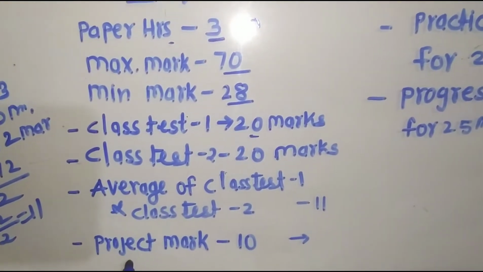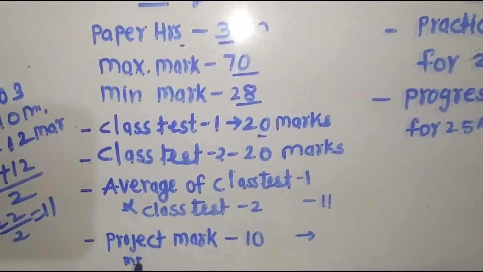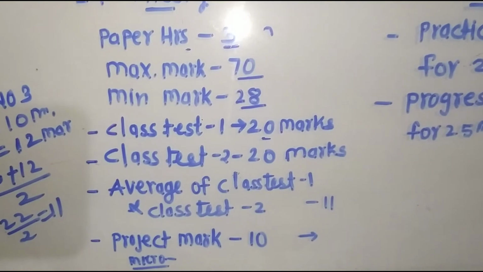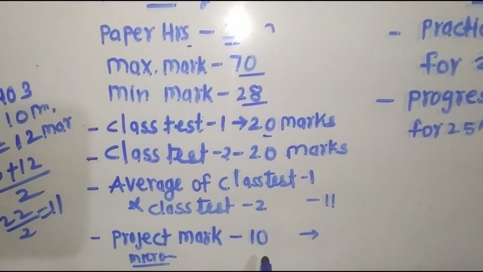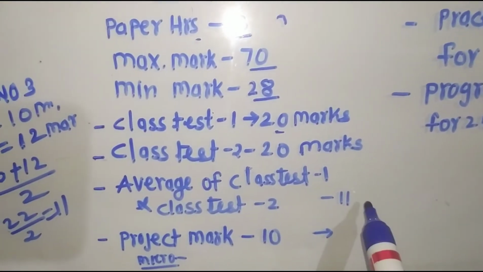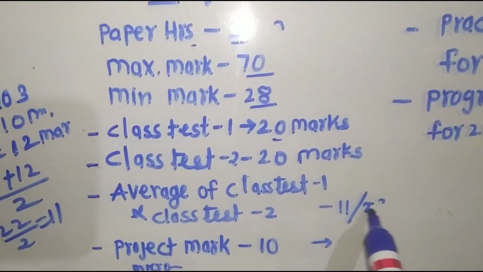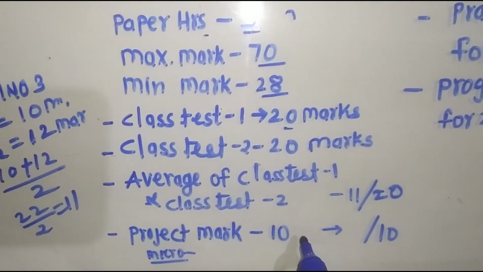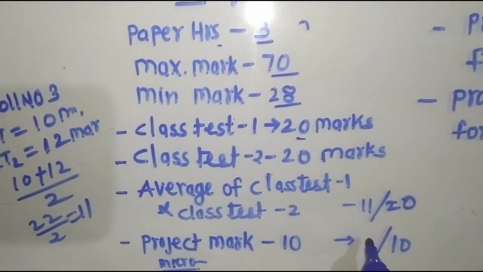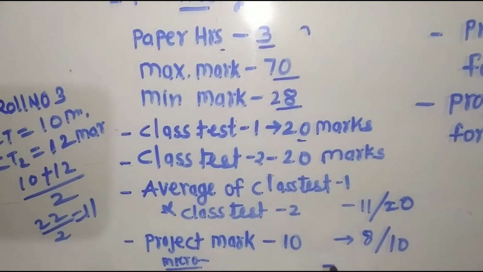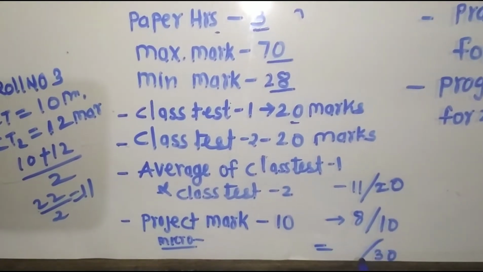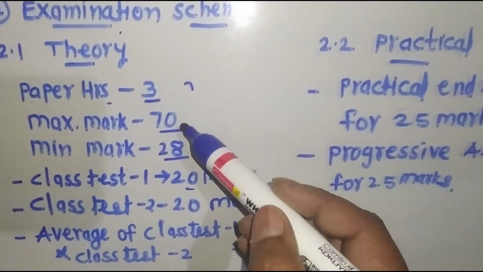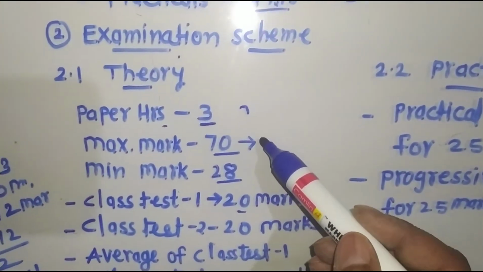You are given a micro project. We will allot you the micro project at the start of the semester. That is of 10 marks. This is out of 20, and this is out of 10. If roll number 3 scores 8 marks, that is out of 30, he will score 19 marks. Out of 70, you have to score in the board exam.